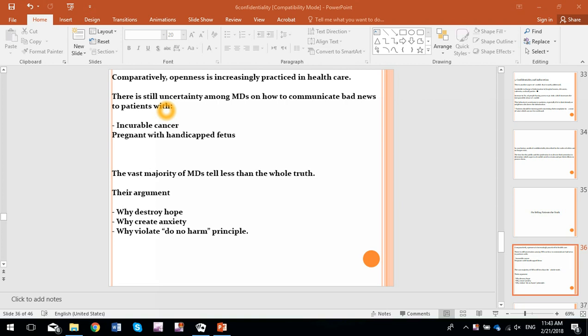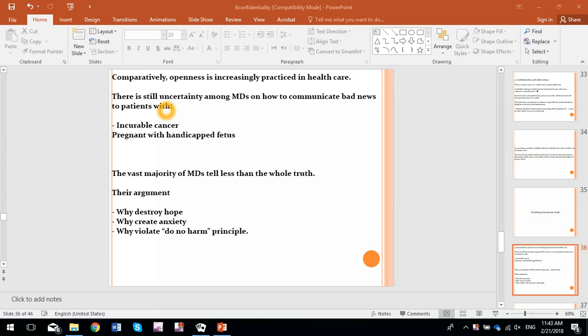He tells some truth, but the vast majority tell less than the whole truth. When you ask them why they don't tell the whole truth, their argument is: why destroy hope? I don't want to destroy hope for the patient. Why create anxiety? Telling the whole truth means increasing the anxiety of the person.